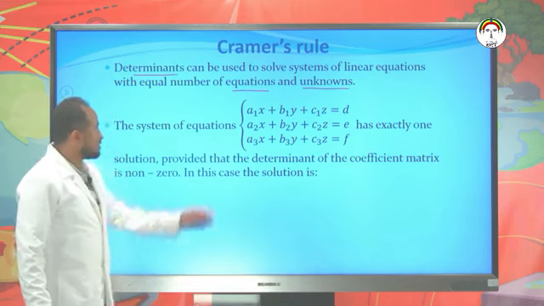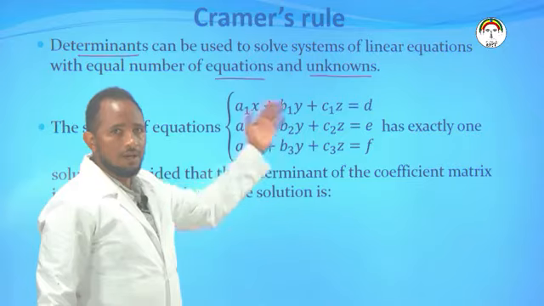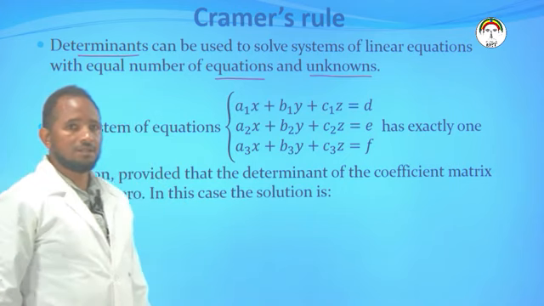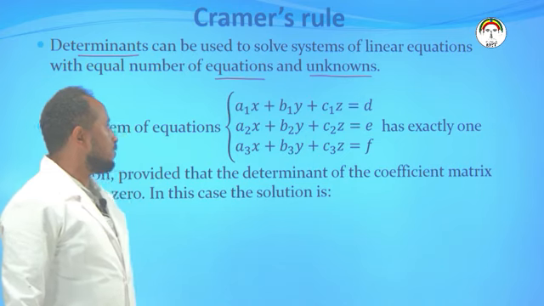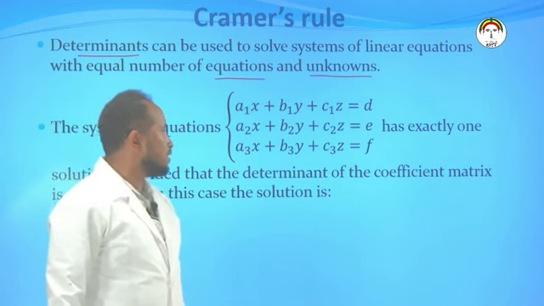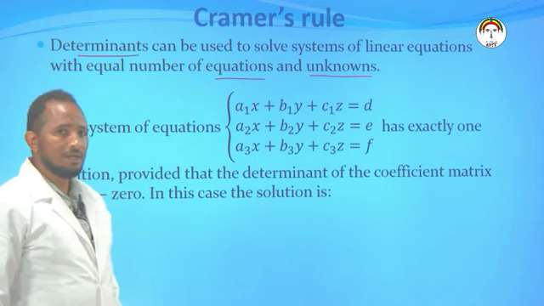Let's take this system of equations: a1x plus b1y plus c1z is equal to d. In the second equation, a2x plus b2y plus c2z is equal to e, and a3x plus b3y plus c3z is equal to f.